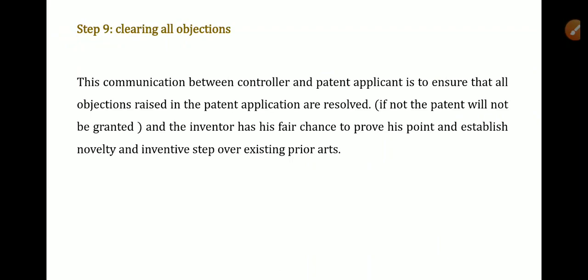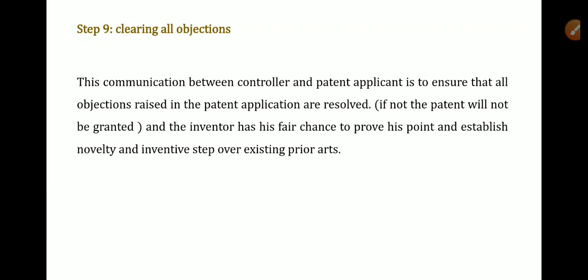If the objections are not cleared by the patent applicant or the patent agent, that application will not be granted, and the patent will definitely not be granted. But if they solve all the objections raised in the patent application, they will go to the next step and finally get the patent granted.